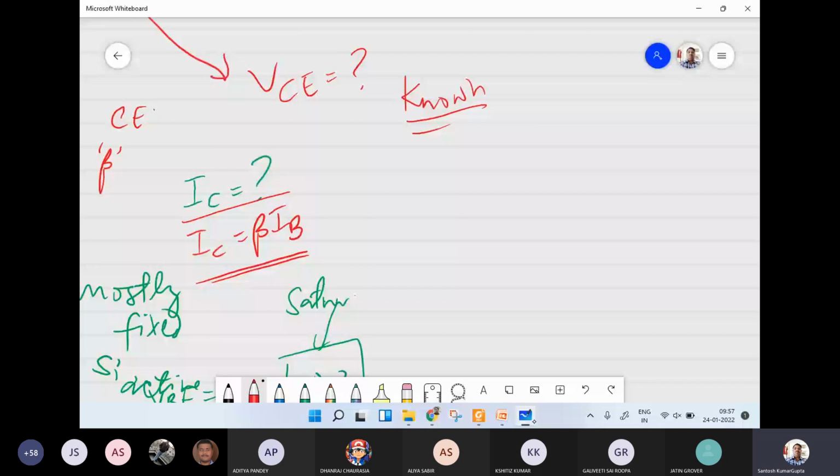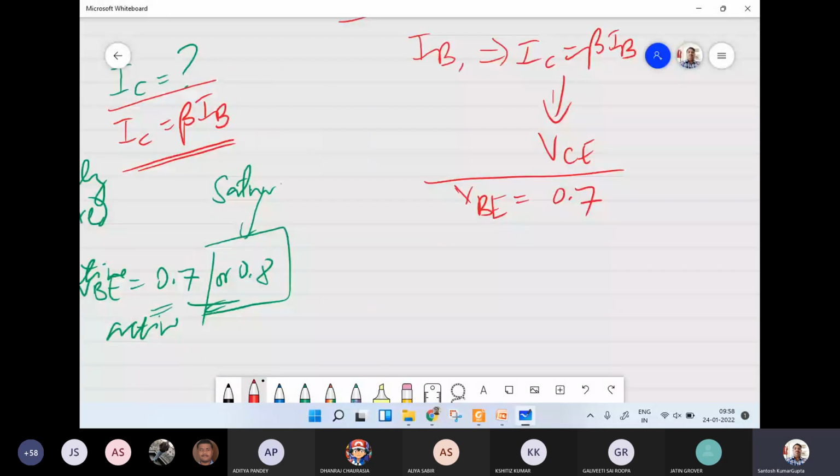We have already fixed the VBE to say 0.7 volt to make the transistor operate in the active region. So base voltage one can find out to be 0.7 volt. Emitter voltage is 0 because the emitter is grounded here.